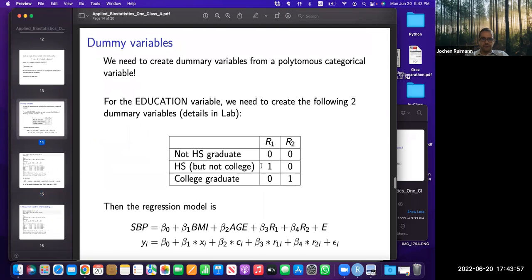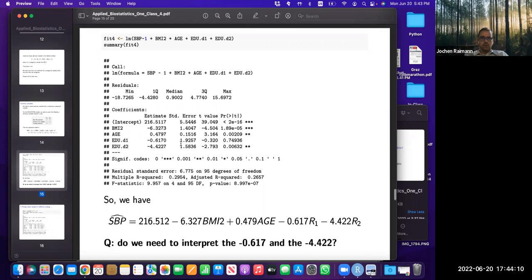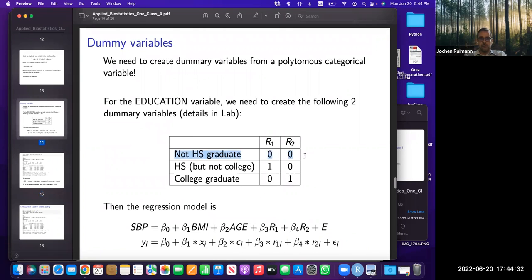So if you have a non-high school graduate, a high school graduate, which is R1, or a college graduate, then if you have a non-high school graduate, you do not need to take these into consideration, because you will add a 0 for a high school graduate, D1, and for a college graduate, D2. So these two will fall out because your reference group is the non-high school graduate. And I think this is the context in which you're asking.